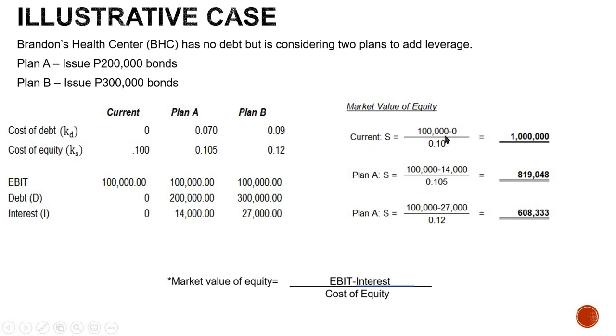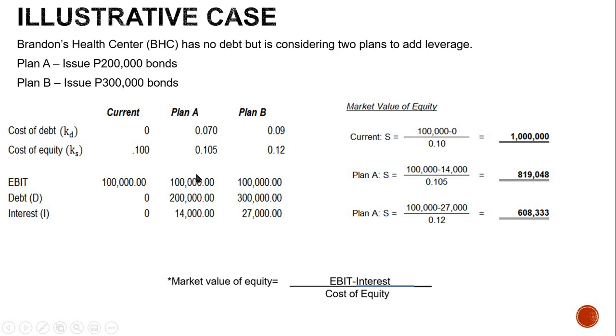The market value of equity is EBIT minus interest, divided by cost of equity. For current, that's EBIT of 100,000 minus interest of zero, divided by cost of equity of 0.10. So the market value of equity here is 1 million.